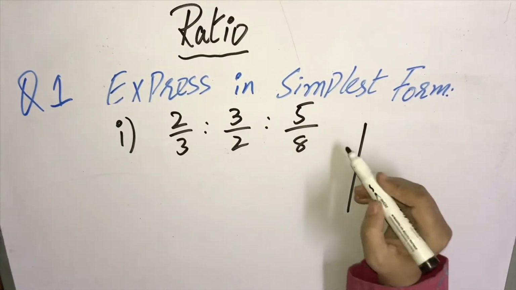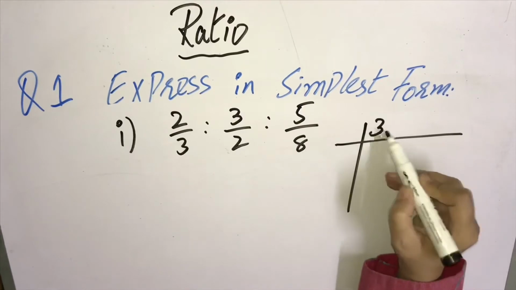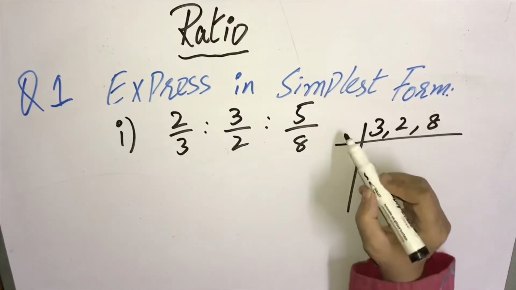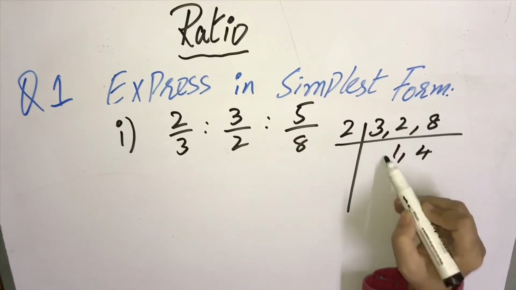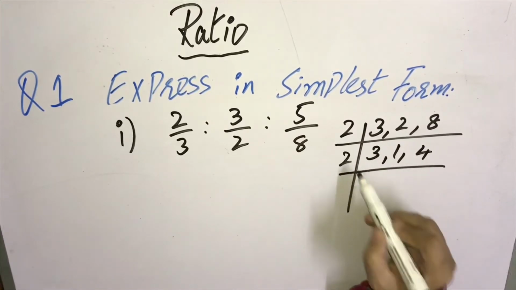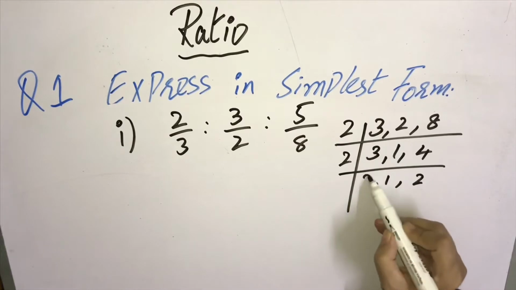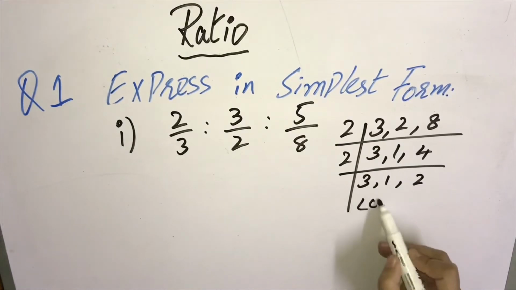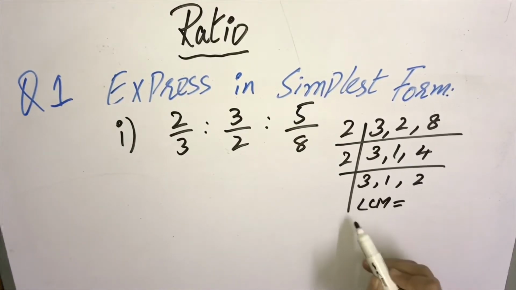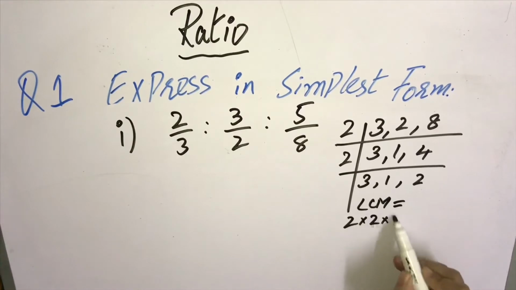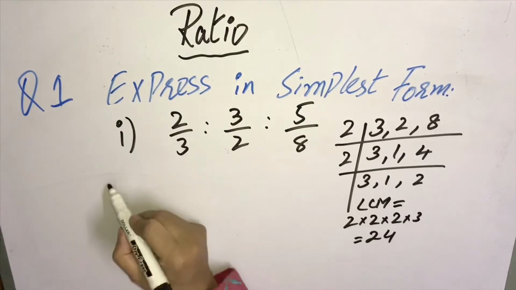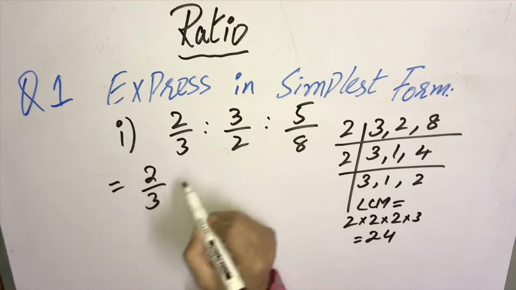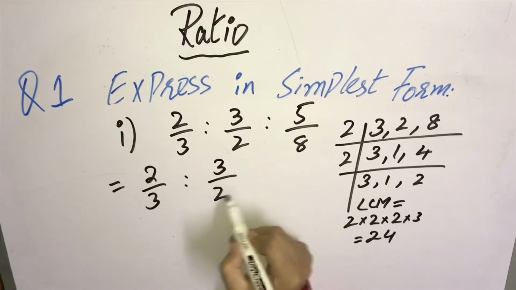For this, we have to take the LCM of the denominators to make them the same. You can see the LCM of 2, 3 and 8 is 24. So we have to make all three denominators equal to 24.